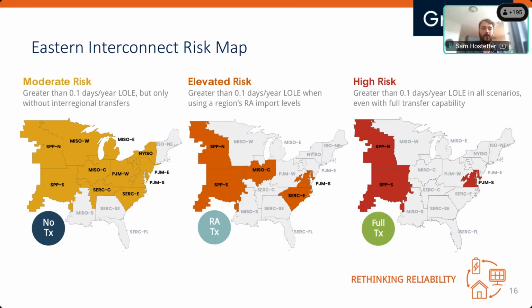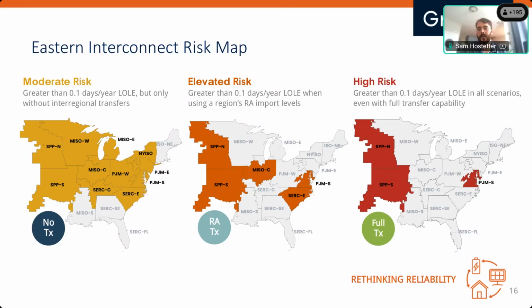Then stepping up to the RA transmission scenario in the middle, the regions depicted in orange also exhibited greater than 0.1 days of loss of load risk. This indicates that even when relaxing some of those stricter transmission constraints in the no TX scenario, these 5 regions still exhibited some elevated risk of loss of load in our simulations.